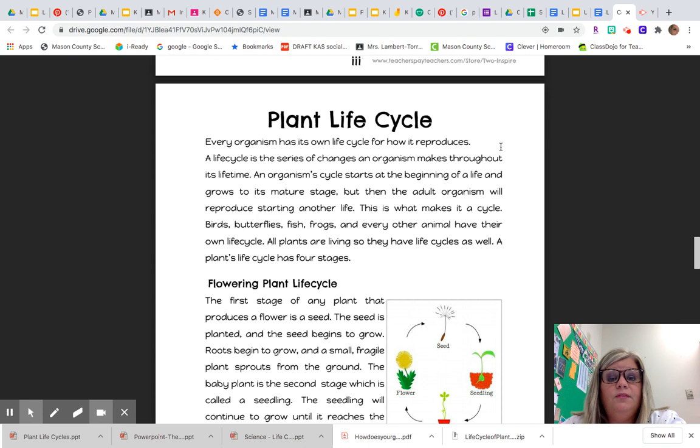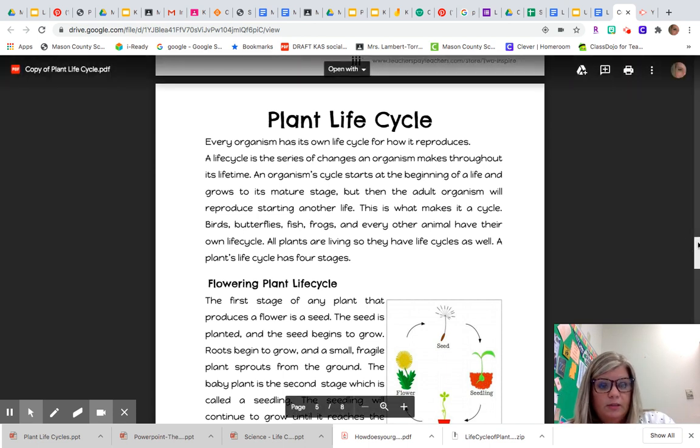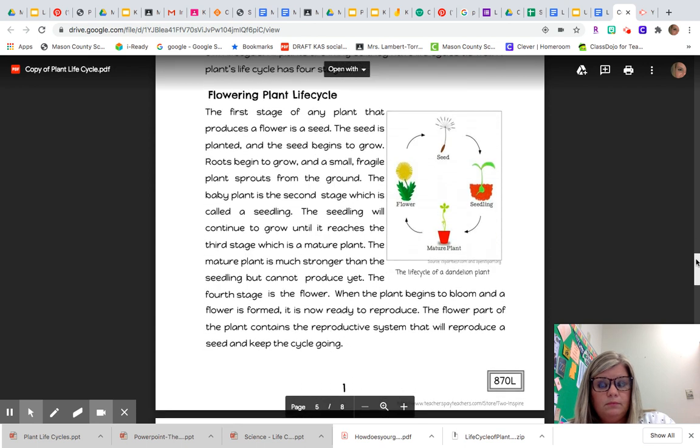Birds, butterflies, fish, frogs, and every other animal have their own life cycles. All plants are living, so they have life cycles as well. A plant's life cycle has four stages. I'm going to scroll down just a little bit. Flowering plant life cycle. The first stage of any plant that produces a flower is called a seed.